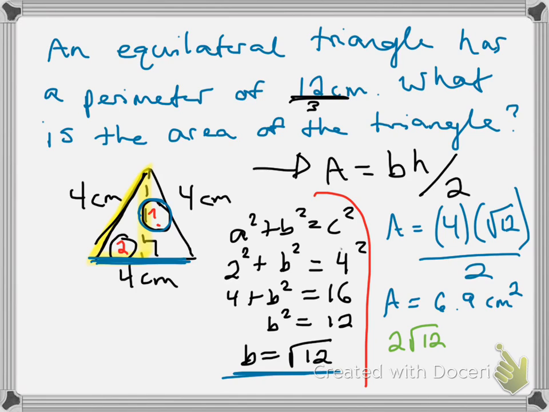You might have seen this already before, but you can simplify that square root of 12 into 2 root 3. So our answer would be 4 root 3. And both of these would be acceptable answers. Right? They're exactly the same. This is just rounded right here.